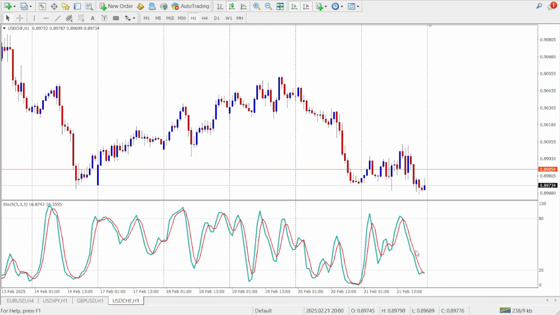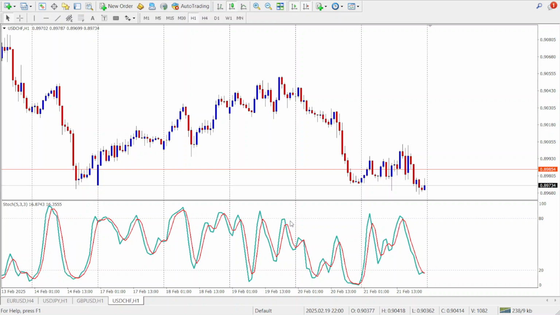On the flip side, when the percentage K line crosses below the percentage D line and the stochastic is above 80, it signals that the asset is overbought and a reversal to the downside could be in the cards.